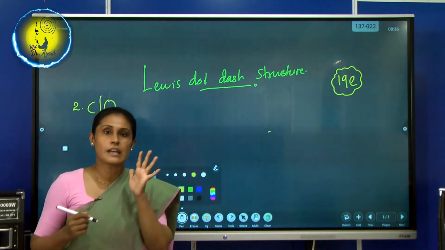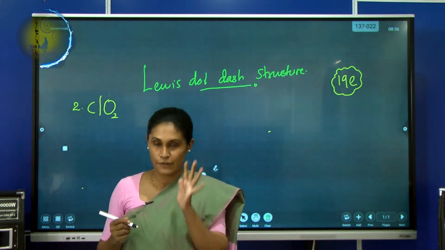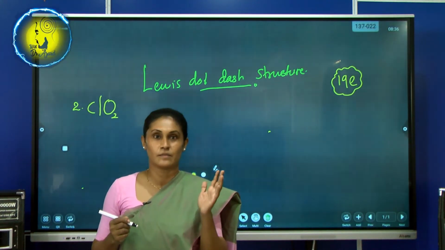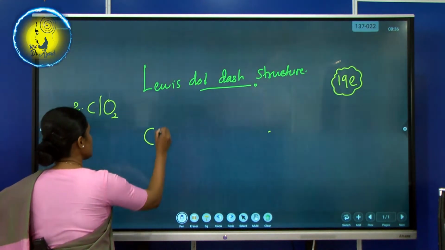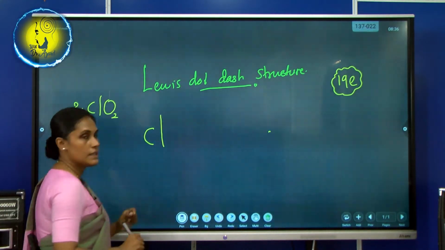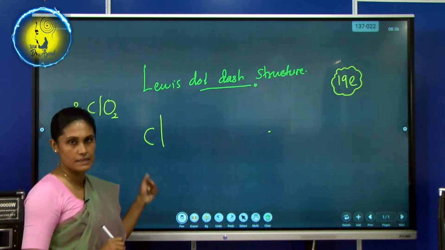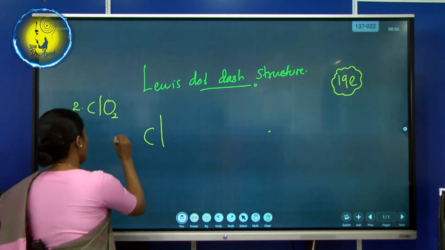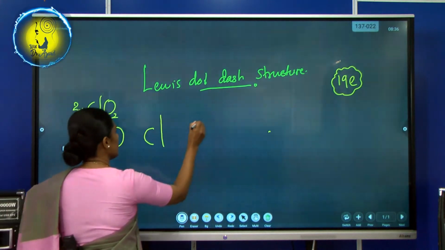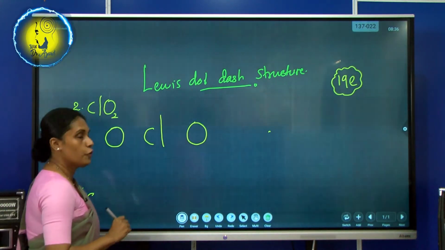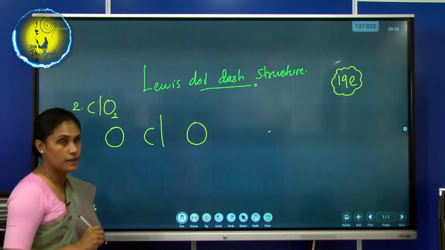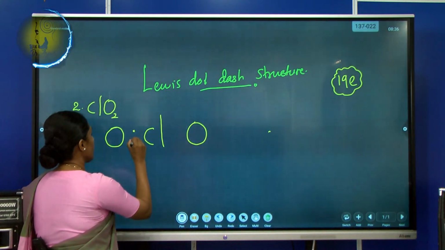I'm not going to start from the very first step, as you are clever enough to understand now, right? Let me start. Chlorine is in the middle, acting as the central atom, and we have oxygen. Now I'm going to draw the bonding electrons.